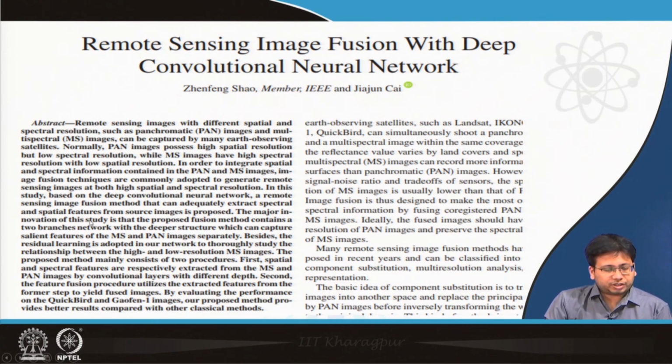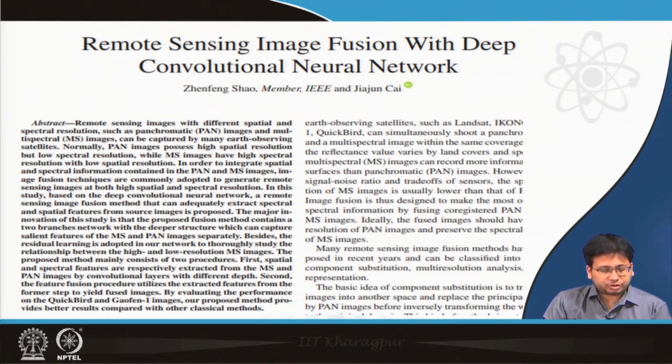The major innovation of this study is that the proposed fusion method includes 2 branches network with the deeper structure which can capture salient features of both MS and PAN images. Besides, residual learning is adopted in our network to thoroughly study the relationship between high and low resolution multispectral images.